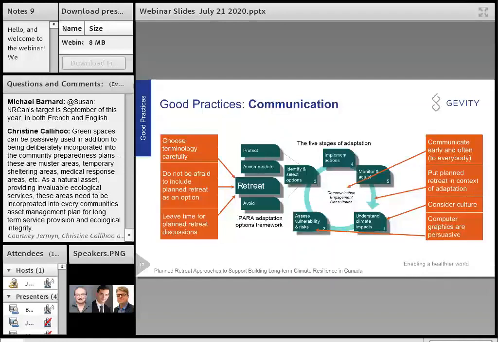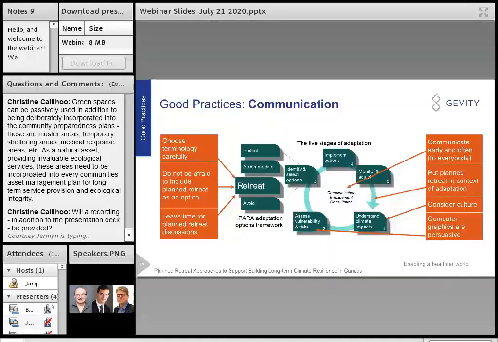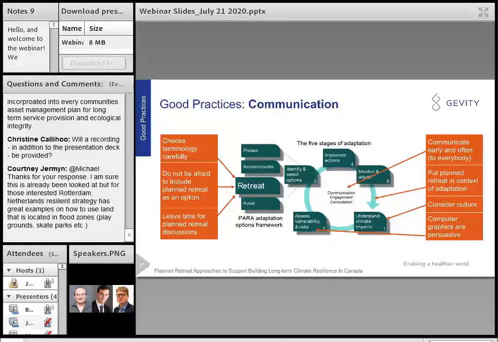Considering culture, there are cultural differences between communities, and so even though we've come up with a series of good practices, certainly you have to reflect the culture in those communities as you decide how you're going to have conversations about adaptation, and more specifically about the idea of retreat. The kinds of conversations you'll have with a First Nations culture may be radically different from a highly urbanized waterfront Lake Ontario community just outside of Toronto.